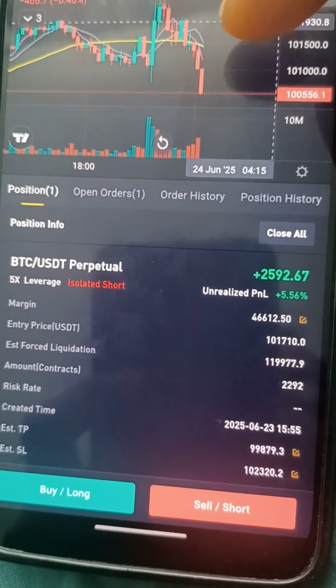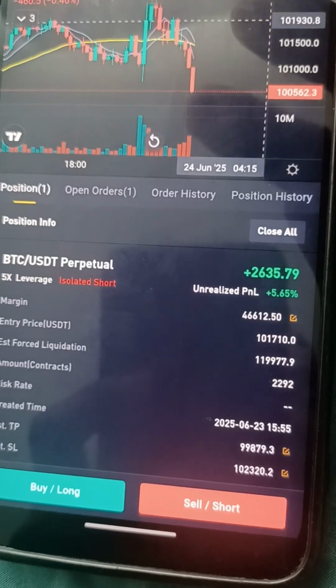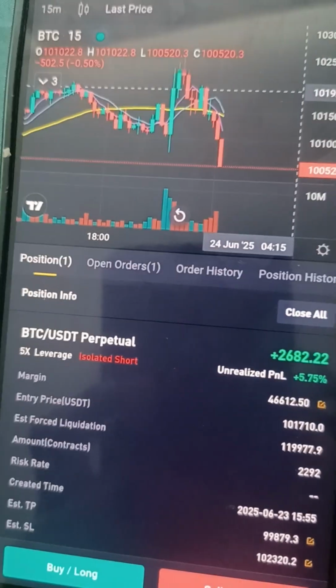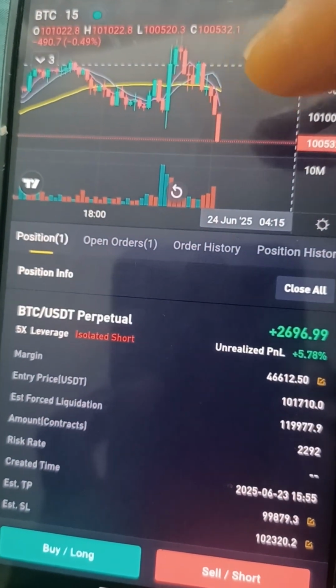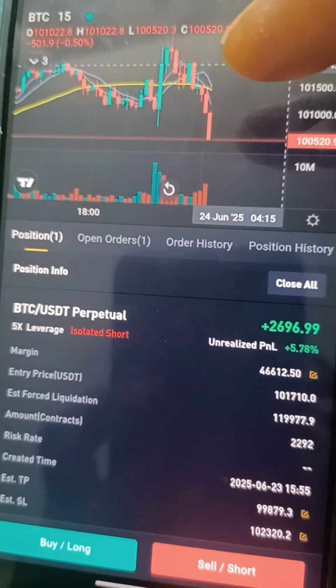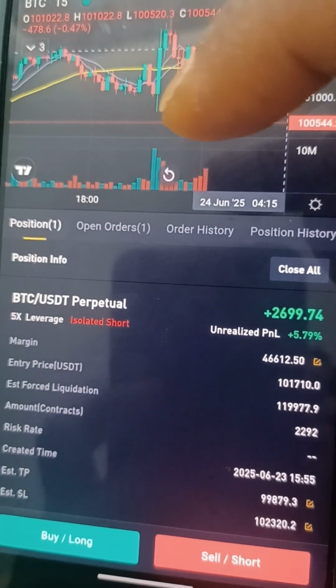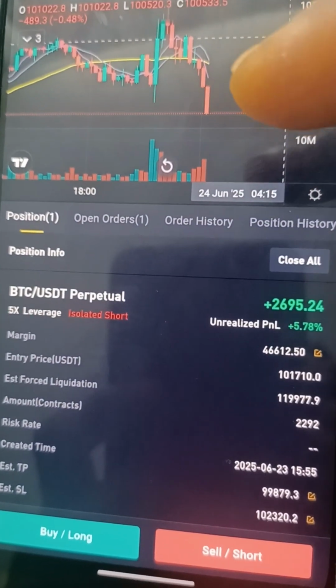I just enter my trades easily at a point here, and you don't even need to pick a particular point. Just pick anywhere around this point here on the 15 minutes time frame and set your entry there. Your take profit will be anything below this failed candle, and you can take your profit there.